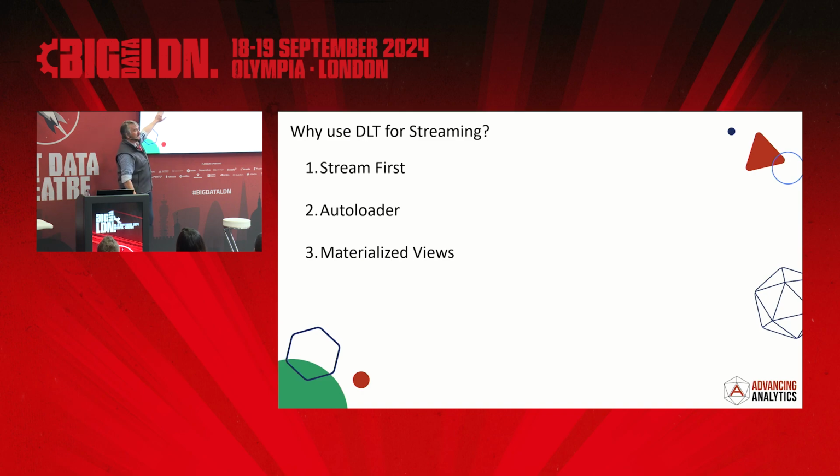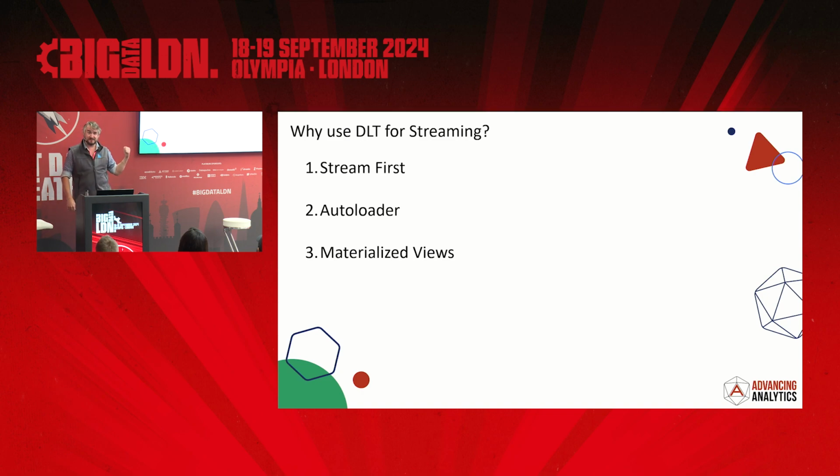But these two things solve a lot of our problems. So Autoloader is a streaming technology inside of Databricks that allows me to stream from files in a really intelligent way. So if I've got a mix of sources, some of it's coming from Kafka or an event hub and proper streaming sources, and some of it is just people dropping files, and I don't know when they're going to drop a file, but as soon as a file arrives, I need to process it and get it through as immediately as I can.